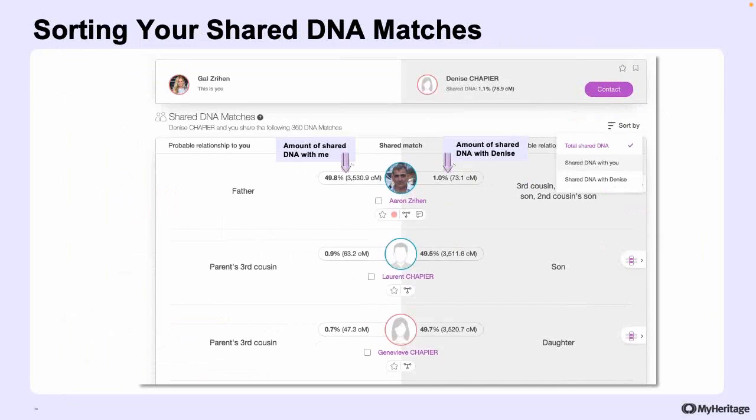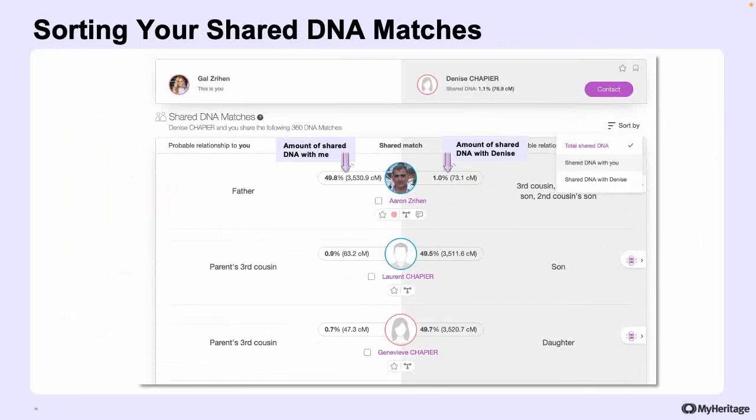When I'm looking at my dad, Aaron, then on the left side, it's indicated the amount of shared DNA with me. In that case, me and my dad, and let's look at the percentages to simplify it, we have 49.8% of shared DNA, around 50. And my dad shares with the niece 1% of DNA.